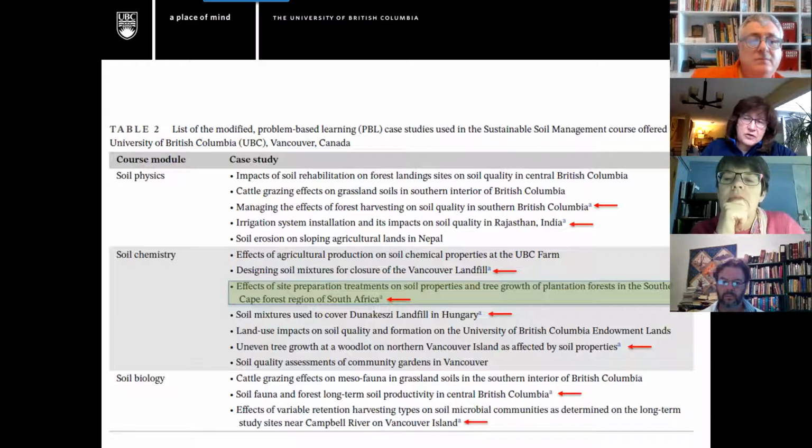So we offer students much broader context and examples than 2 instructors can do based on their own experience. And highlighted in green is the case study from South Africa, which fits into the soil chemistry module in the course.